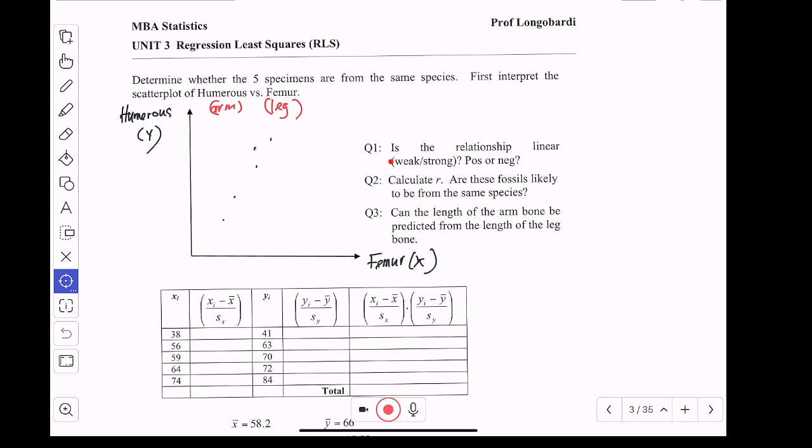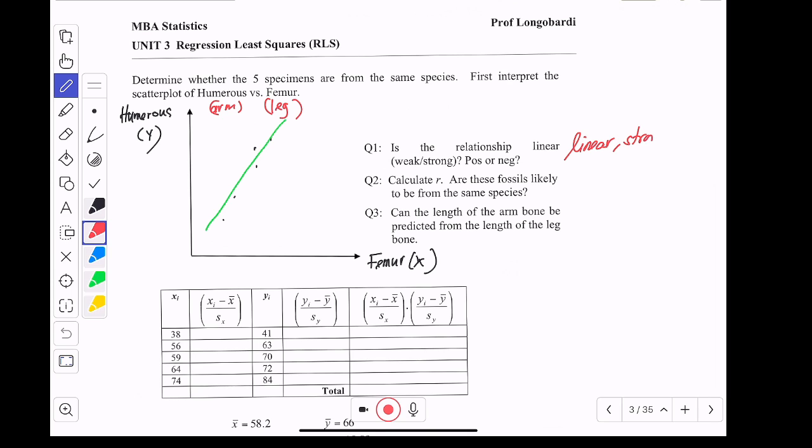Okay, is the relationship linear? Yes, I see a line here. I see there could be a line that substitutes for those points, right? And it's linear, yes, so I'm going to say linear, strong, and positive.